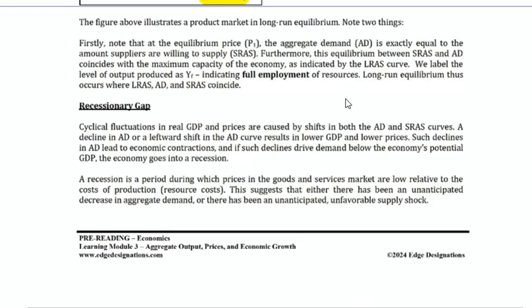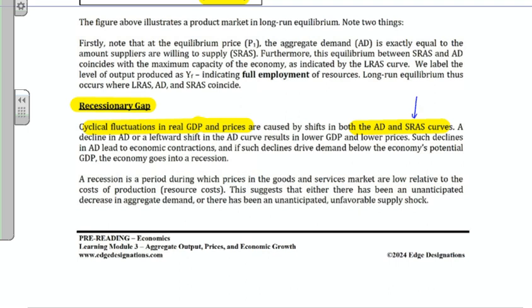We start off and talk first about a recessionary gap. As a result of cyclical fluctuations in real GDP and prices, that's going to cause, remember, not my long run, but my short run supply curve as well as my aggregate demand curves to shift.